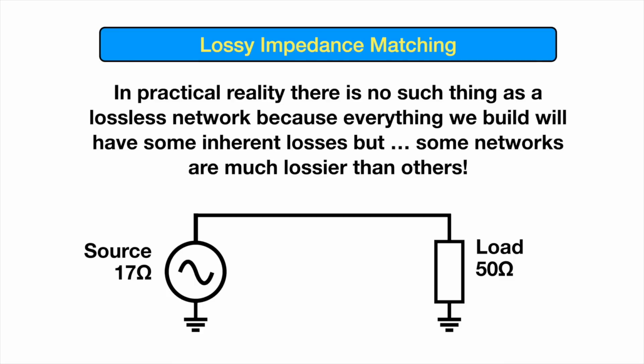So let's assume down here, I've got my ridiculously oversized cursor as usual, we've got a source impedance here of 17 ohms and a load of 50 ohms. Well, we could match that impedance and make that source look like that load very easily by just sticking in a series 33 ohm resistor.